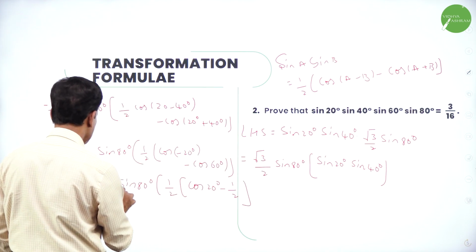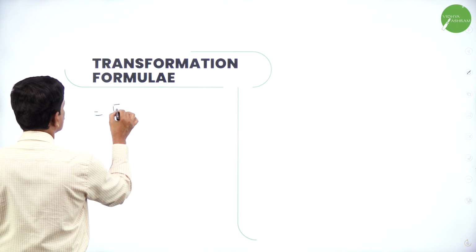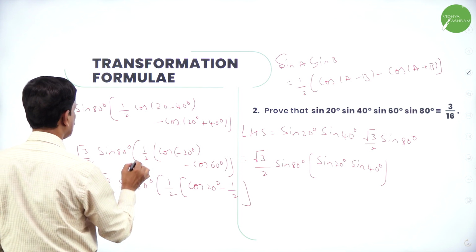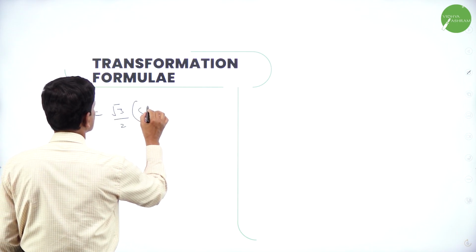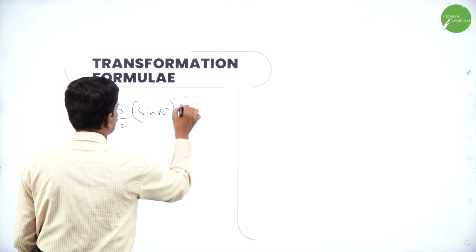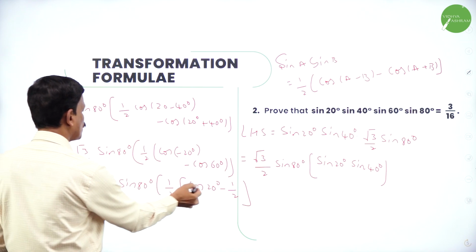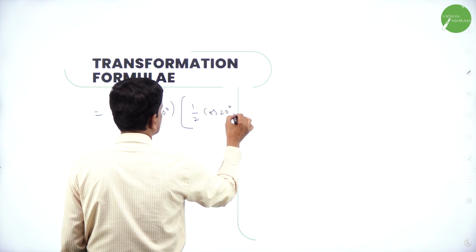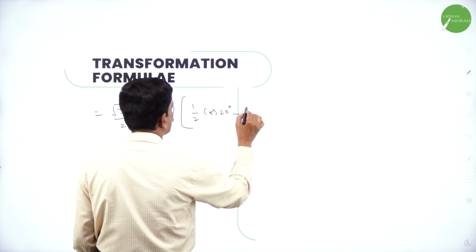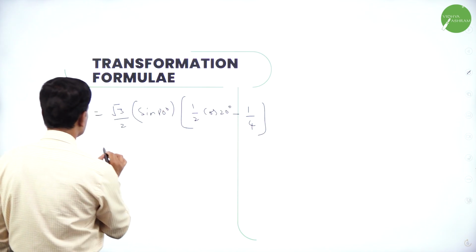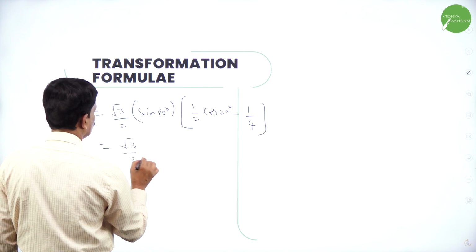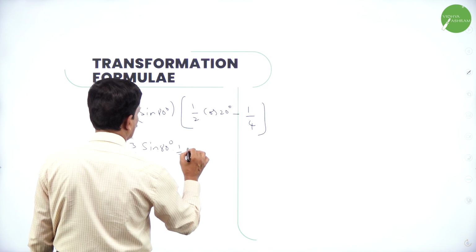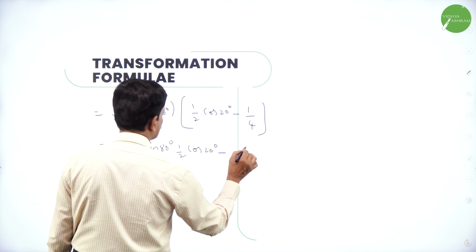So this is as it is, root 3 by 2 sin 80 into, now what is this equal to? 1 by 2 cos 20 degrees minus 1 by 2 into 1 by 2 is 1 by 4.